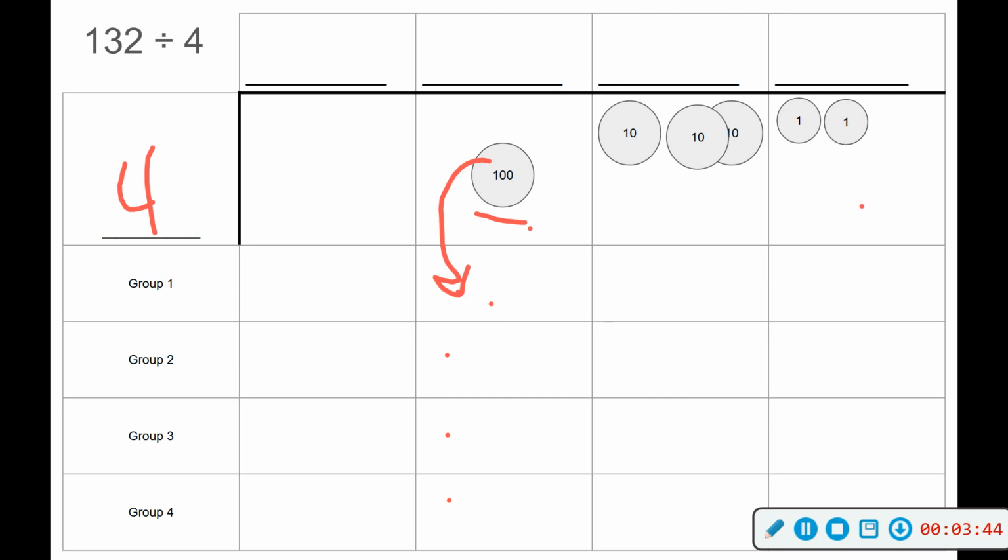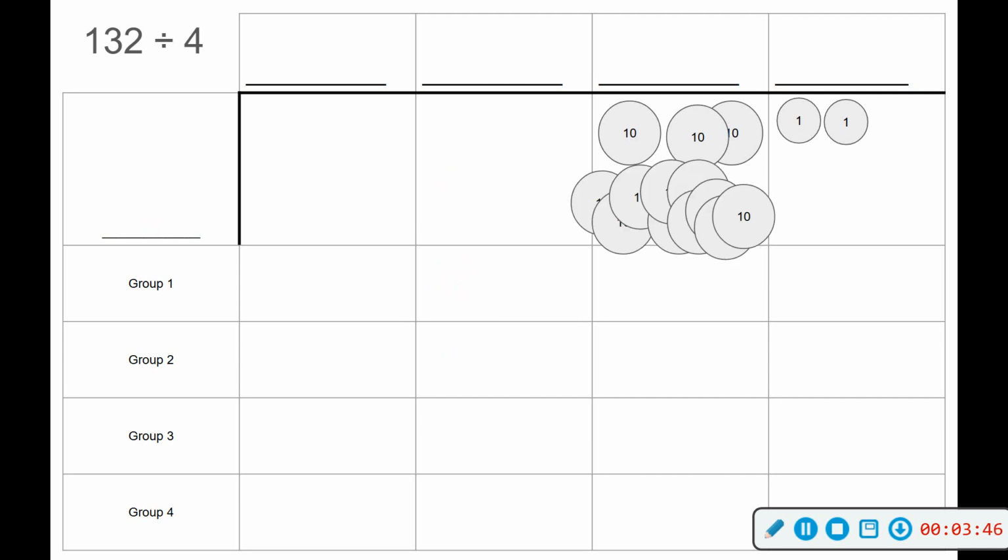So what I need to do is cash it in. And when I cash that in for a certain amount of tens, I now have enough of these tens to put into 4 groups. So the question is, how many is that? Well, when I cash that in, I originally just had 100. So you have to ask, how many tens would that be?